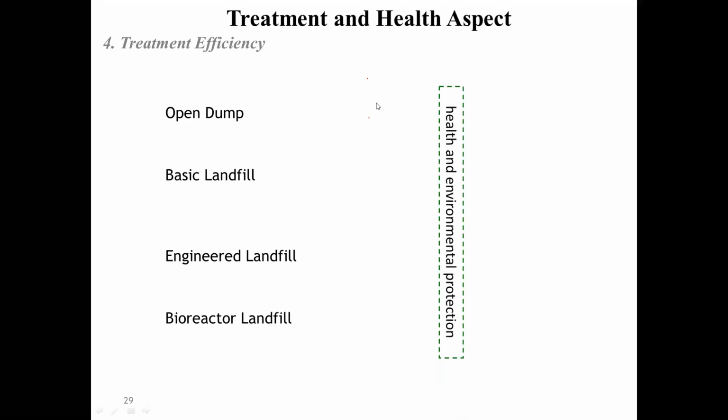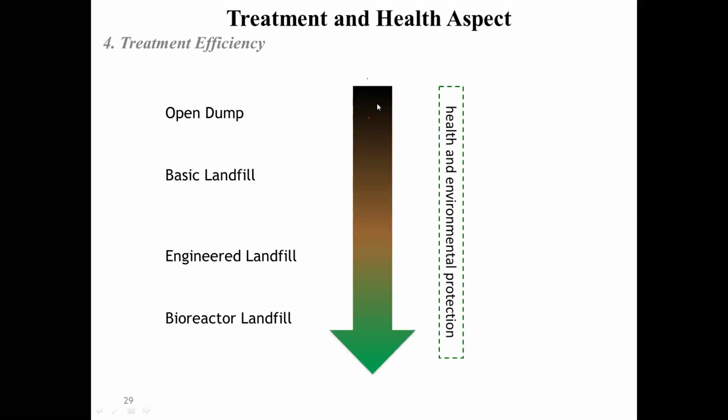Simply a diagram can show it: if I have open dumping, if I have a basic landfill where I simply dump the waste and cover it on a day-to-day basis, if I have an engineered landfill, if I have a bioreactor landfill, what is going to be the efficiency of the treatment and its impact on human health? This is what it shows, right? I hope you can understand, right?